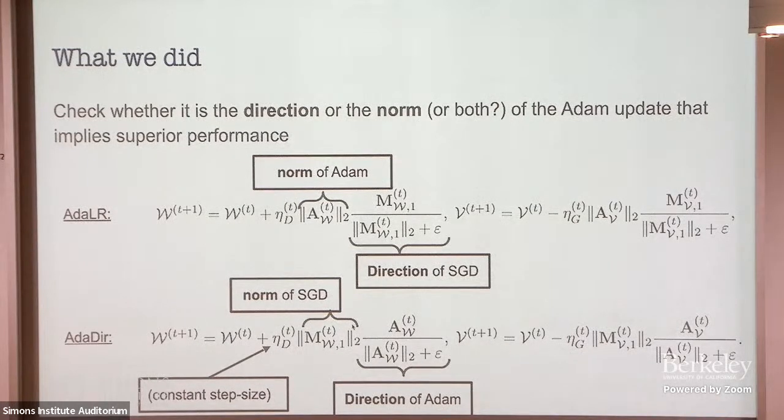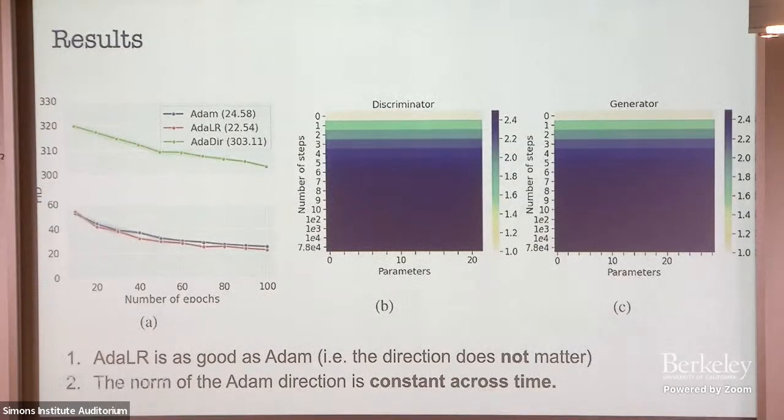So now we have two methods: one follows the norm of Adam, the other follows the direction of Adam. And experimentally, that's pretty interesting. What we get is that the one that doesn't follow the direction of Adam, so it follows the direction of SGD but has the same norm as Adam, is matching almost perfectly, within error bars, and outperforming Adam.